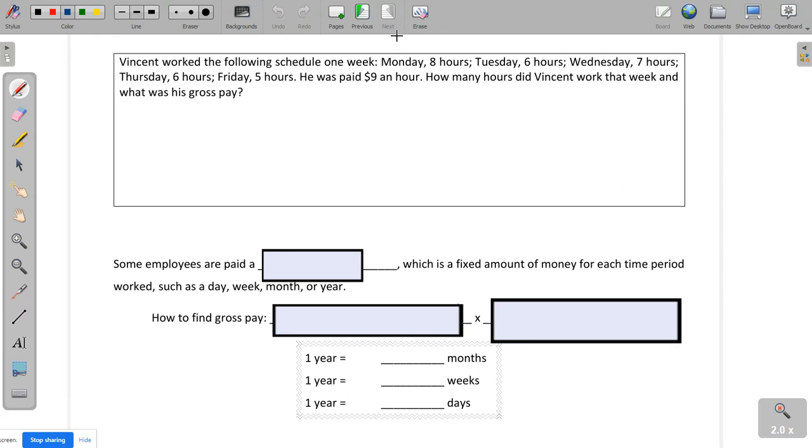Okay, the next one. Vincent worked the following schedule 1 week. Monday for 8 hours, Tuesday for 6, Wednesday for 7 hours, Thursday for 6, and Friday for 5 hours. He was paid $9 an hour. We need to figure out how many hours he worked and what his gross pay was. So let's find the total hours.